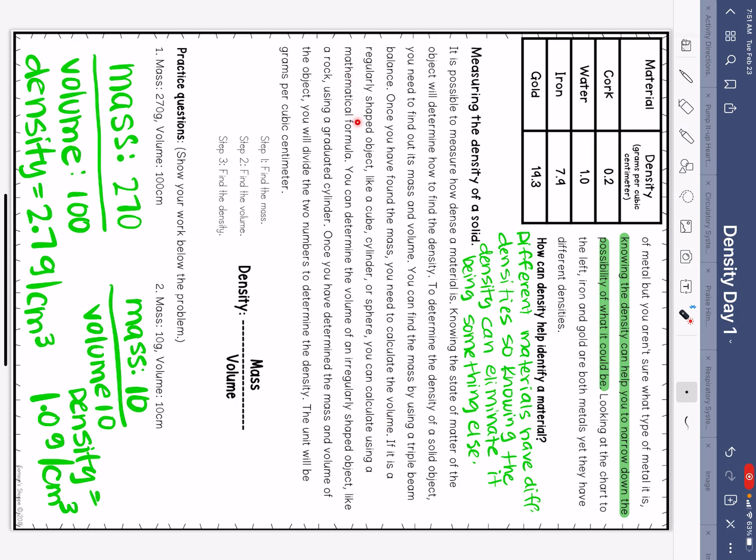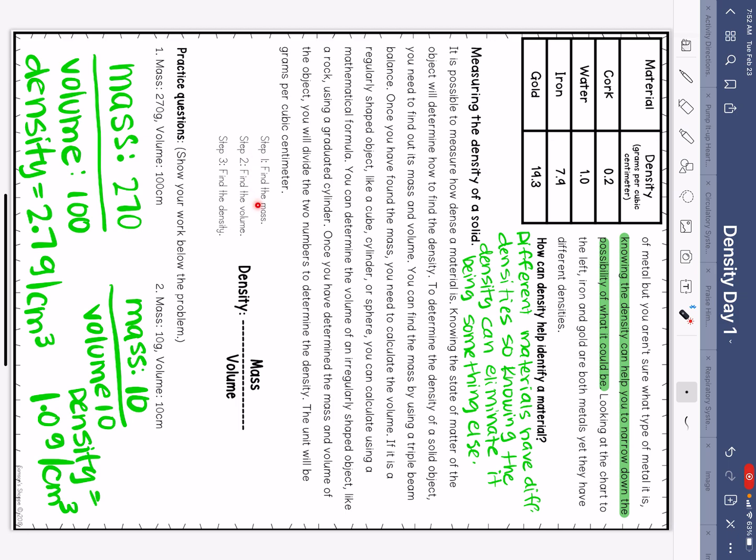If it is a regularly shaped object like a cube, a cylinder, or a sphere, you can calculate using a mathematical formula. You can determine the volume of an irregularly shaped object like a rock using a graduated cylinder. Once you have determined the mass and volume of the object, you will divide the two numbers to determine the density. The unit will be grams per cubic centimeter.